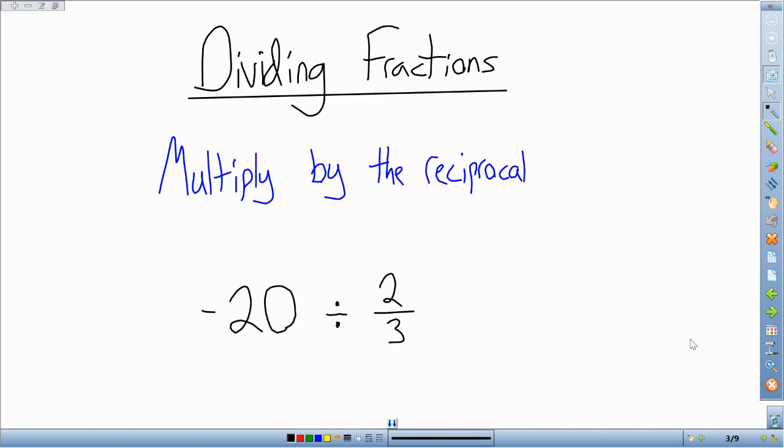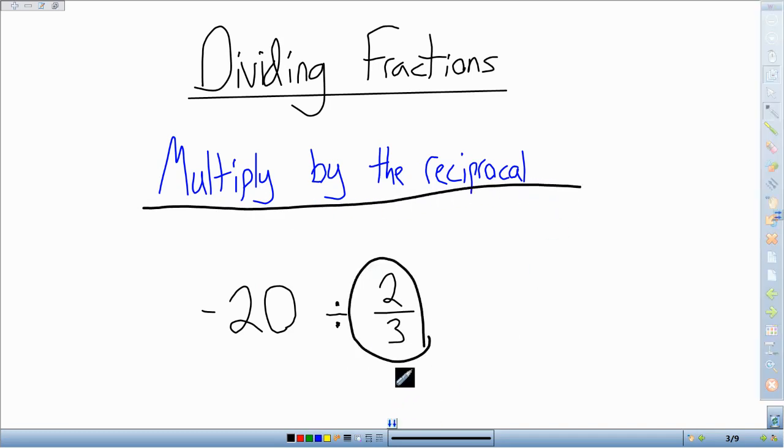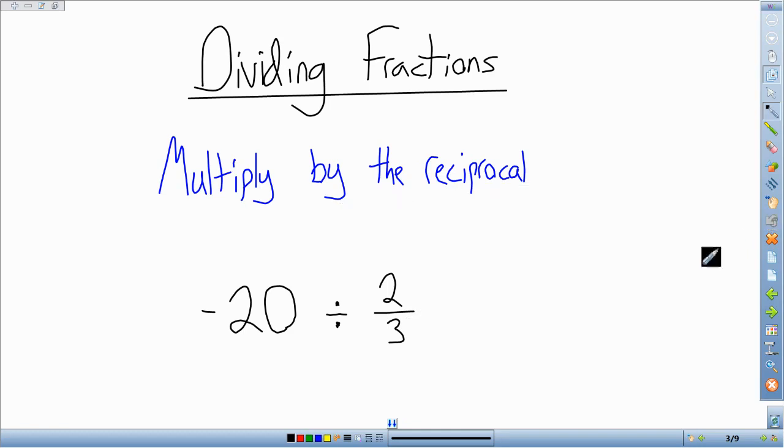Here's really the focus of this lesson, and that is dividing fractions. What happens when we have something like negative 20 divided by a fraction like 2/3? Basically here's the rule. We're going to multiply by the reciprocal of the second number. Another way you might have heard it called is freeze, change, flip.